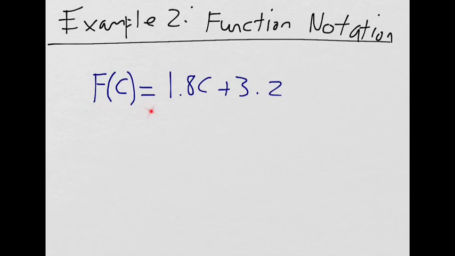All this is doing is telling you it's a function, because usually functions are written in function notation versus other relations, but also telling you what variable that function is dependent upon. Does that make sense? Yes. Okay, good.